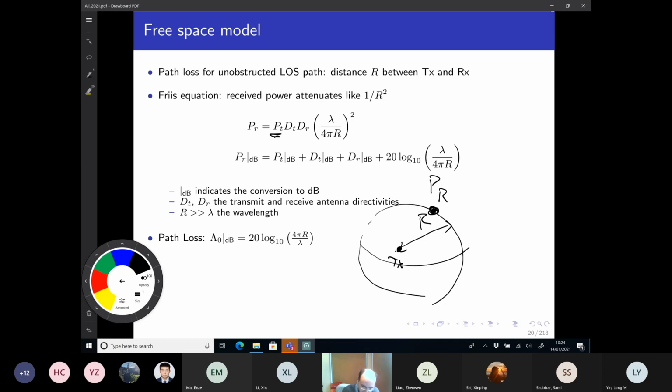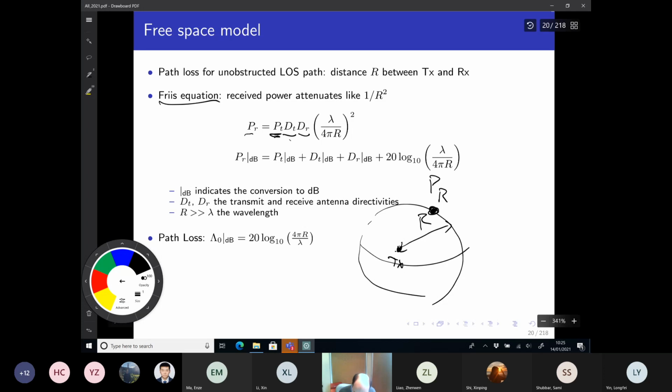This is what the first equation tells you: your received power at a distance r from the transmitter, when you transmit with power PT, is a function of the directivity of your transmit antenna and the directivity of your receive antenna, which relate to the effect of the antenna at the transmitter and the receiver.